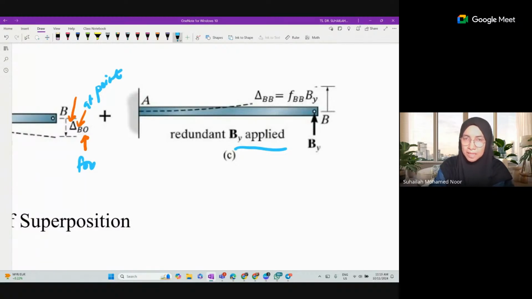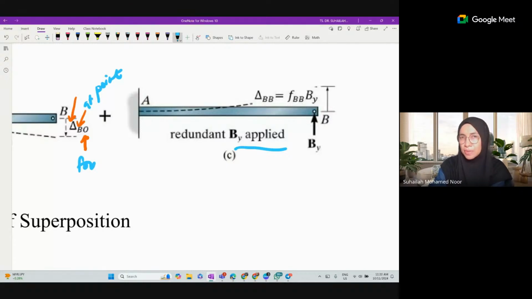So this redundant beam is named redundant BY applied.